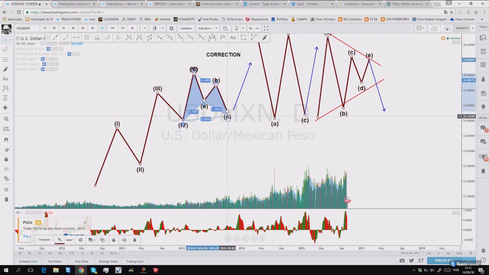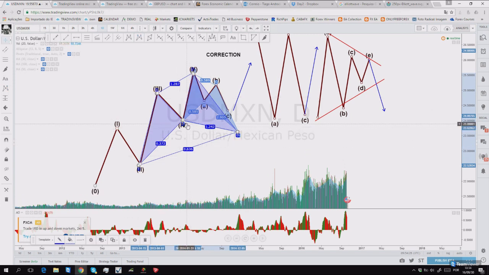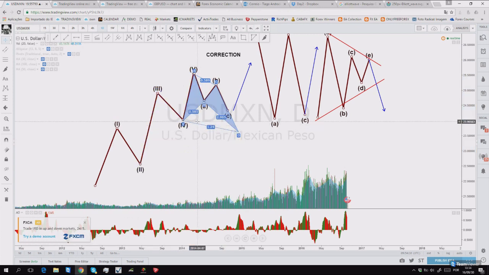If it would end up a little higher, this would be a Gartley. It can be lower. You could also draw a pattern here. But they're just confirming the wave counts for me. They're just helping me confirm.